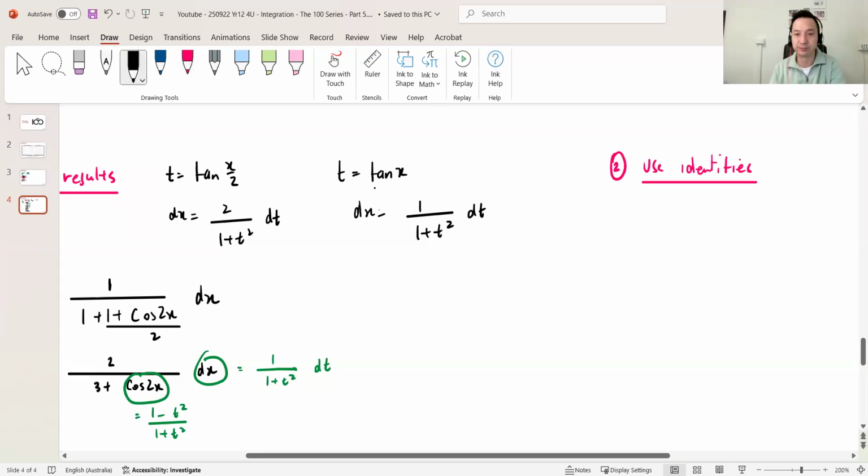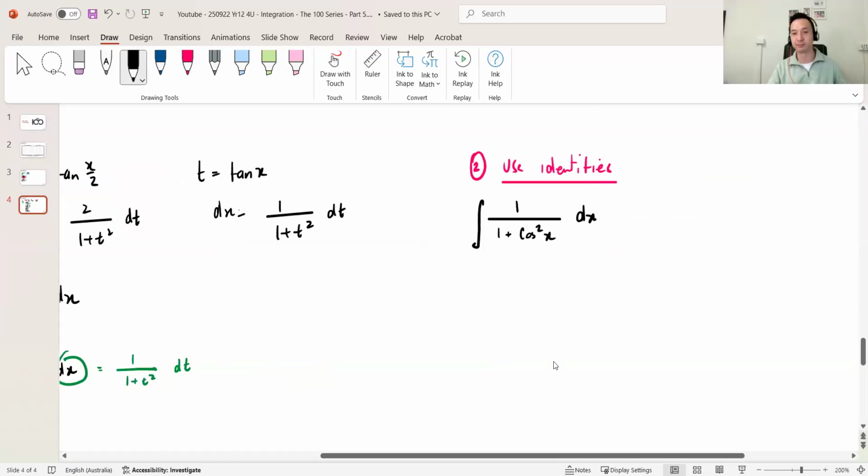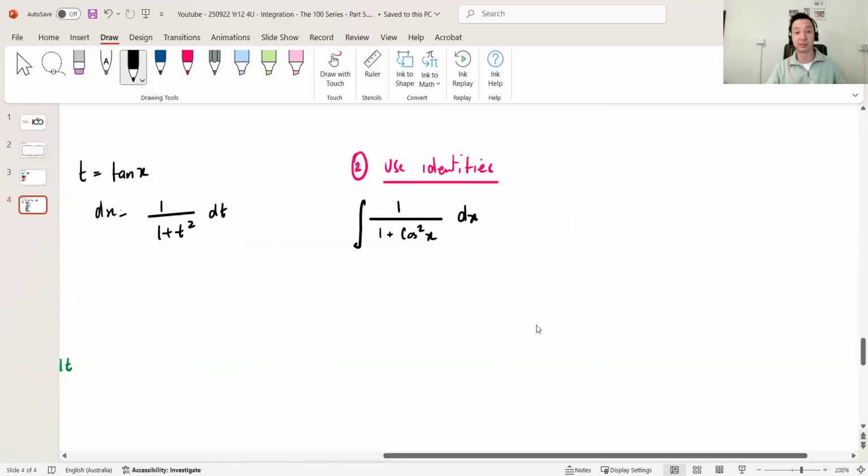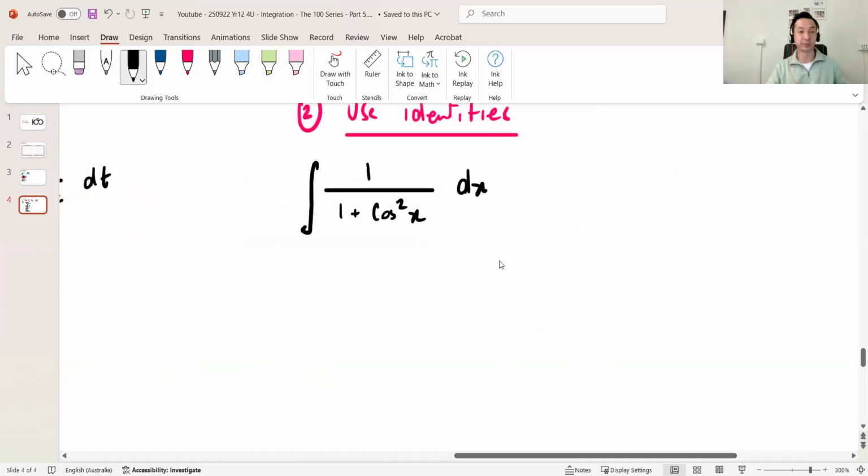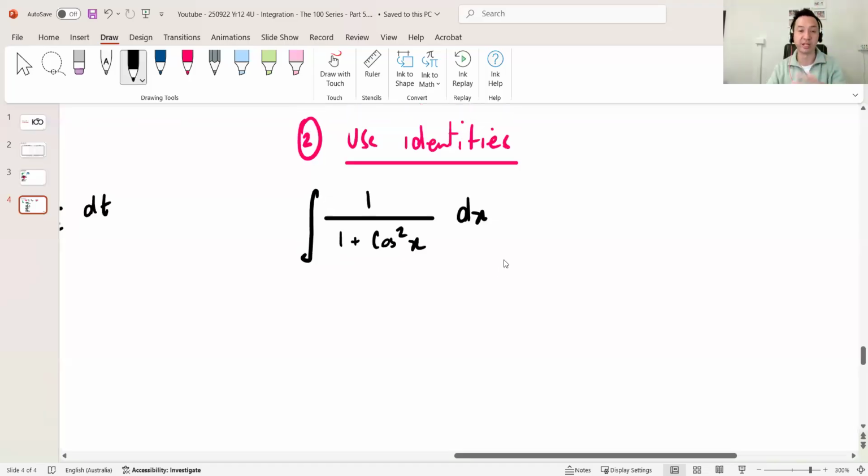So, for example, if I had 1 over 1 plus cos squared, right? Yeah, because cos squared isn't really a nice thing to integrate, right? Sec squared is. So I'm going to try to divide everything by cos squared, right? Yeah.